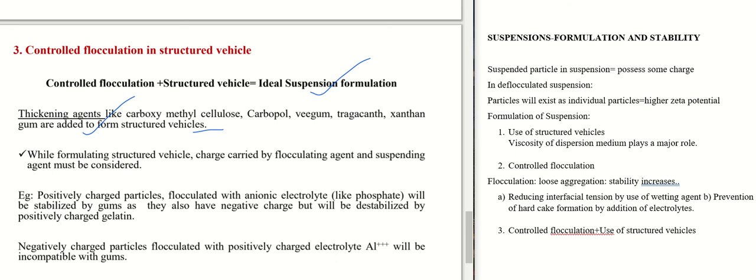It is also known as a structured vehicle. Even the structured vehicle charge has to be considered. Here we make use of the controlled flocculation phenomenon and the use of a structured vehicle. This can be easily explained by an example.